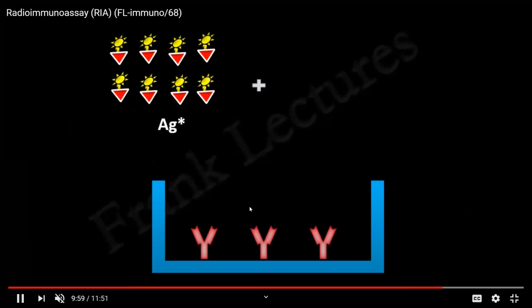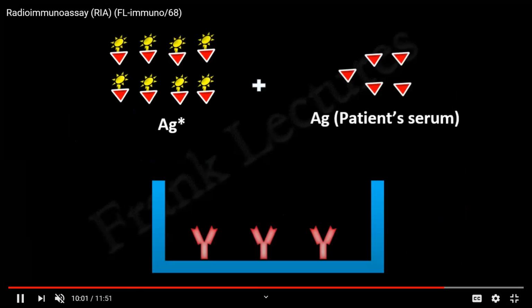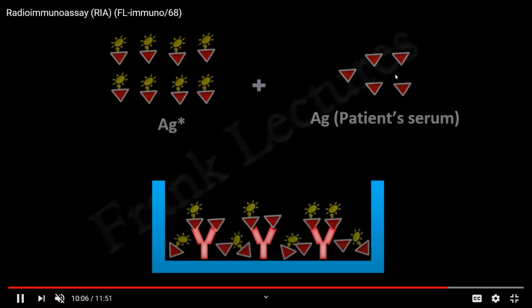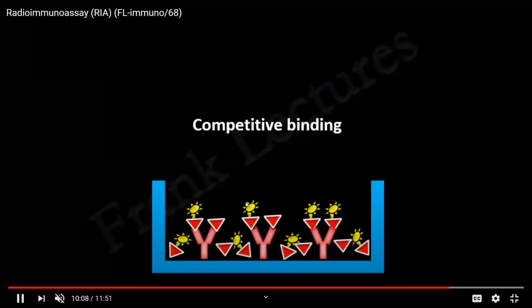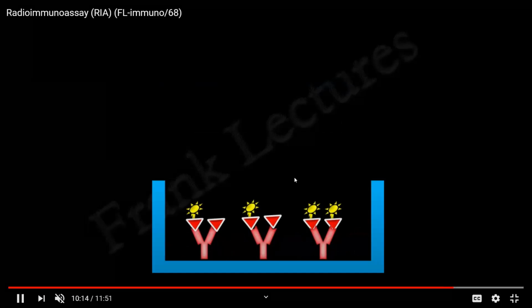After that, we also add the patient serum. The patient serum will contain the antigen, and then there will be competitive binding between the two. The unbound ones will be washed away. So here we see that both radiolabeled and unlabeled ones are added.